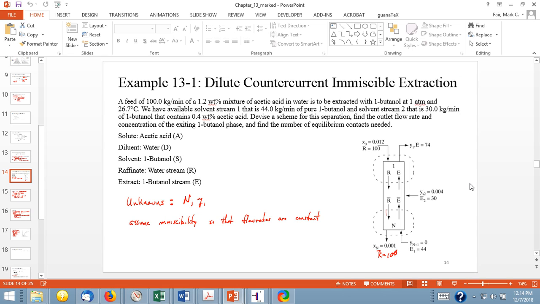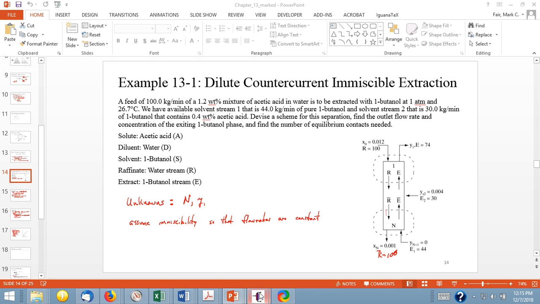The way to look at this is that in addition to a feed stream of acetic acid and water, we have a solvent stream that's pure butanol and a second solvent stream that has some butanol with acetic acid in it. So in a sense, we're feeding in the butanol in two places in our extractor.